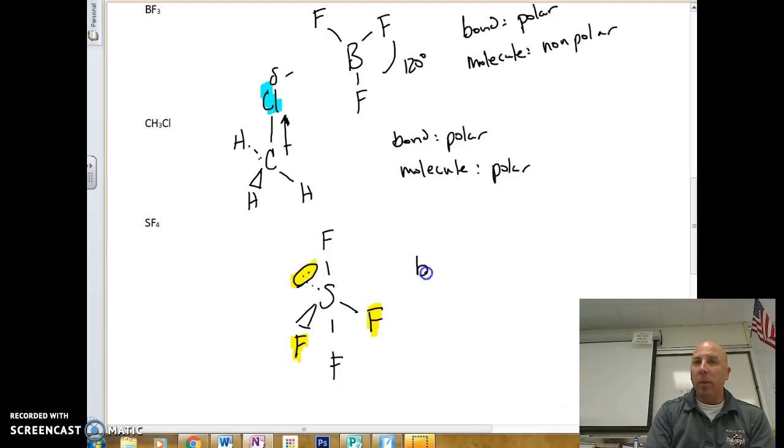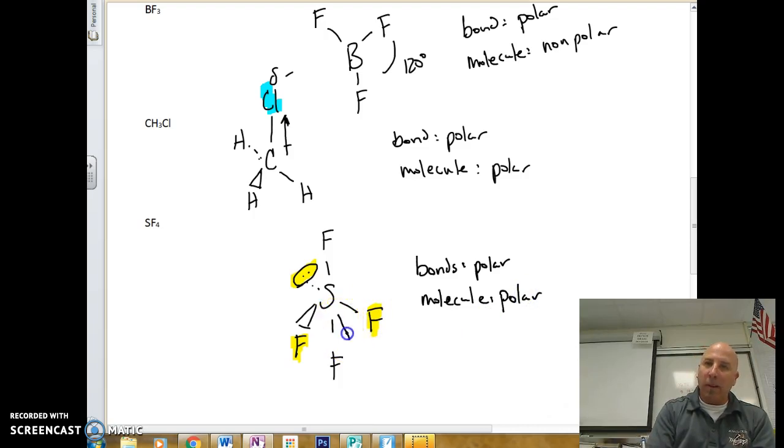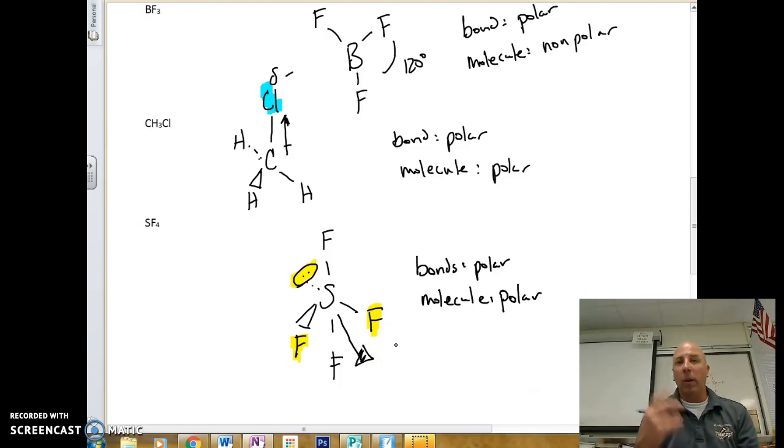So what happens is our bonds are going to be polar, and our molecule also is going to be polar, because you're going to have a net pull somewhat in this direction on the equatorial axis of a negative charge from those two fluorines. Their bond angle is going to be compressed a little bit more by that unshared pair of electrons over there.